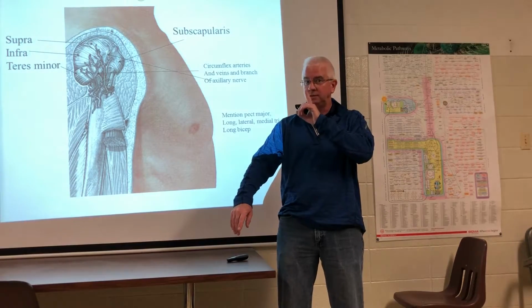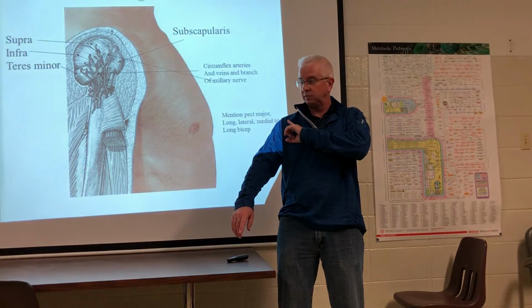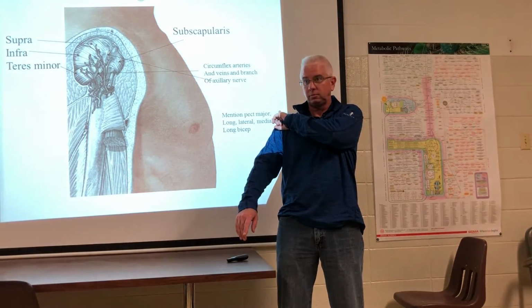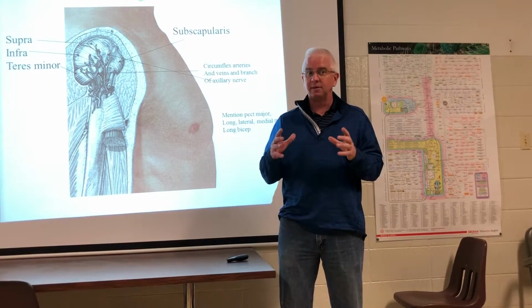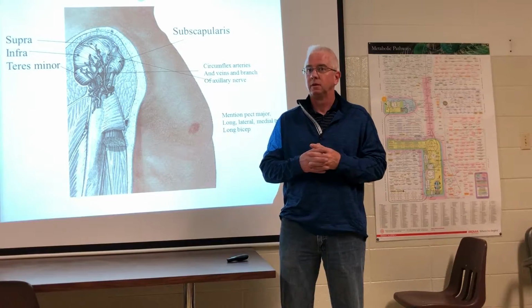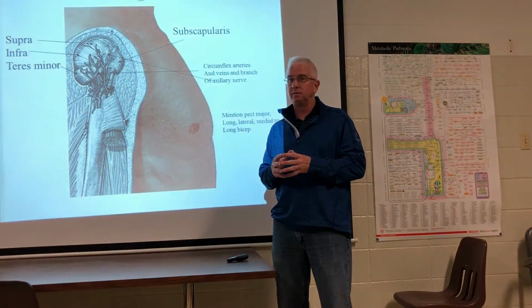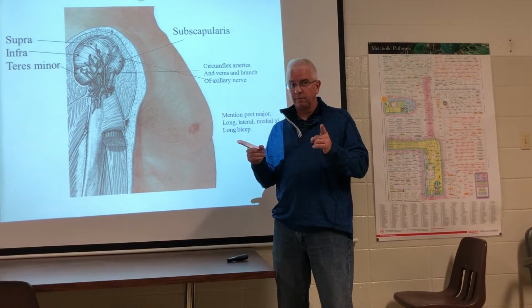So will it be easy to move the head of the humerus out that way? Why not? There's three tendons there holding it in place. So the easiest way to move it is this way, right?